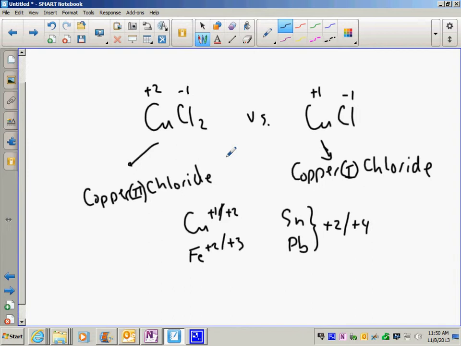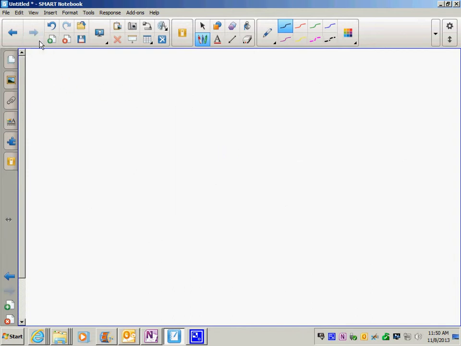At this point, you have the naming processes and you have the formula writing skills as well. You should, at this point, be able to take a name and flip it to a formula. So, for example, if I give the name, let's say, lithium phosphate, you should be able to convert this to a formula.